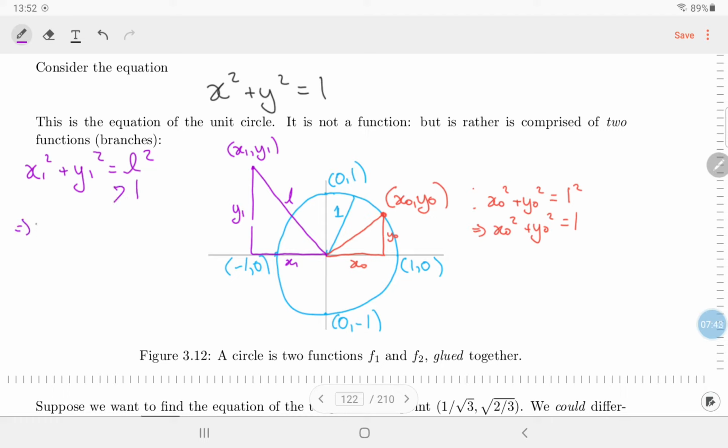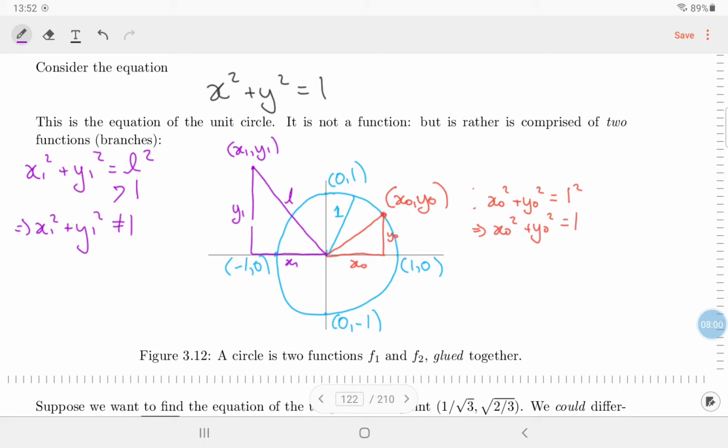So therefore x1 squared plus y1 squared is not equal to 1. So a point outside the circle doesn't work, and similarly a point inside the circle doesn't work. So if you're talking about x squared plus y squared equal to 1, every point that satisfies that equation forms the circle, and every point on the circle satisfies the equation.